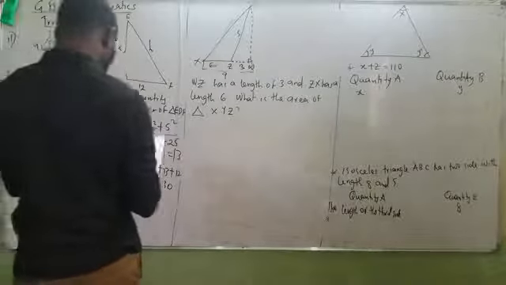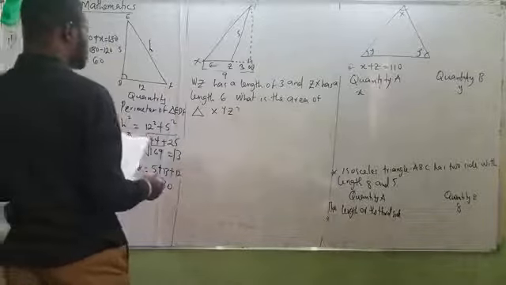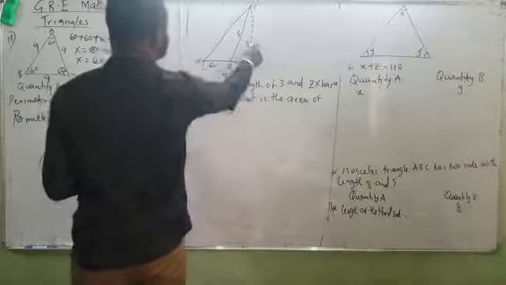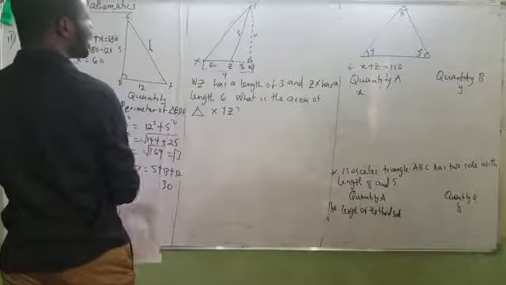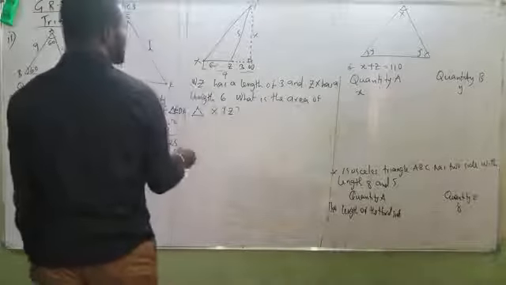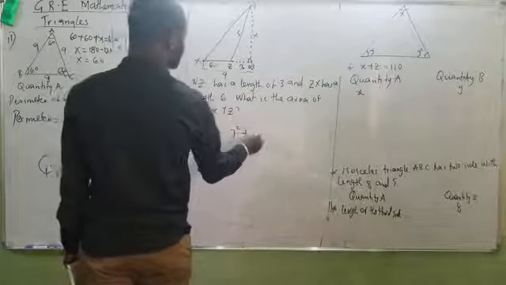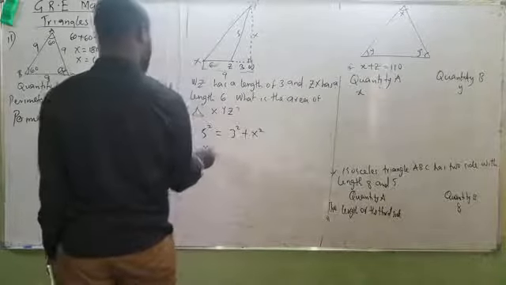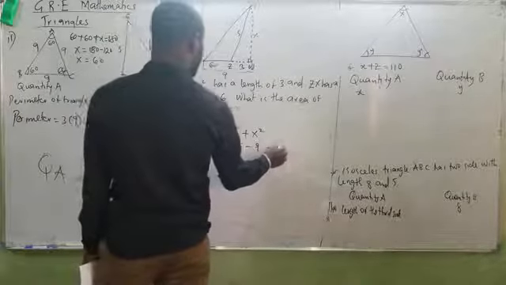What I just need to do here is to find this particular area. The area of this, I'll be having 5 squared equals 3 squared plus x squared, by the Pythagorean theorem. x squared equals 25 minus 9, which is 16.